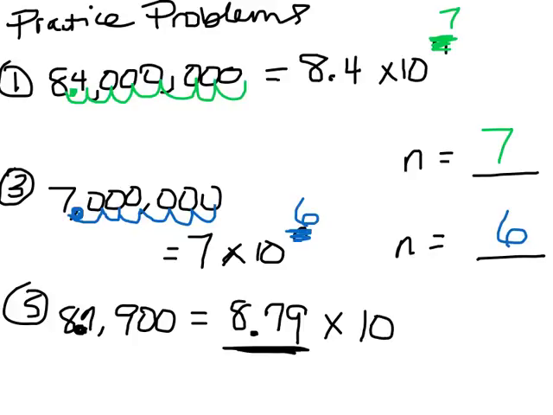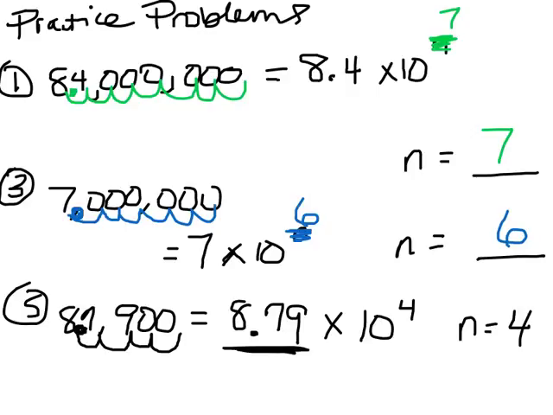So I need to move it over by how many decimal places? 1, 2, 3, 4. So it would be 8.79 times 10 to the 4th. So all they're asking you to do is just tell them what the exponent should be. It looks a little strange, but it's not that big of a deal.